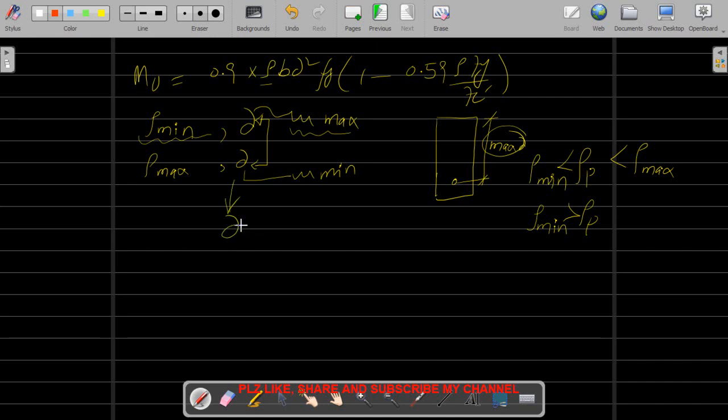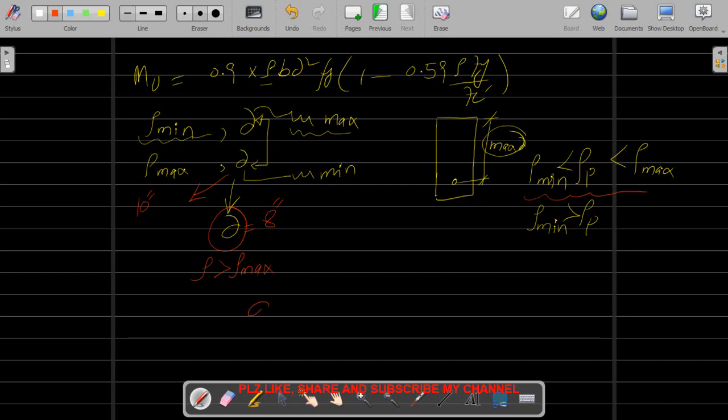So if we use a depth which is less than this depth, let's say this depth is 10 inches, and we choose a depth of 8 inches, this depth will give me a steel ratio which will be more than rho max, and it will fail this check. So these two depths are the limiting depths.